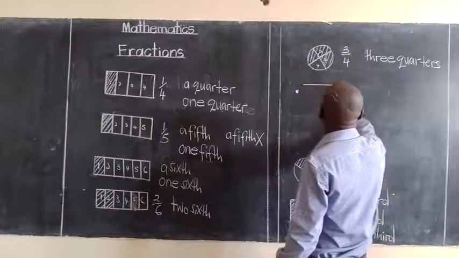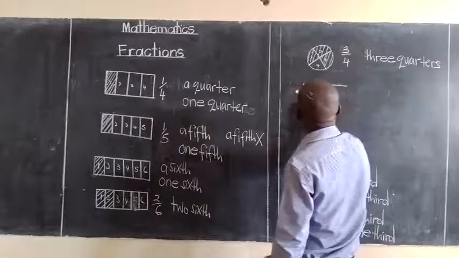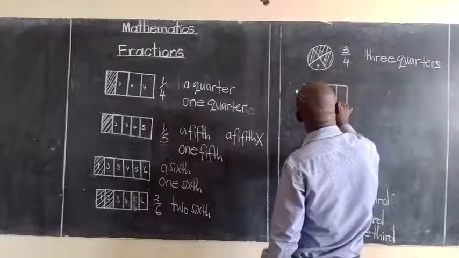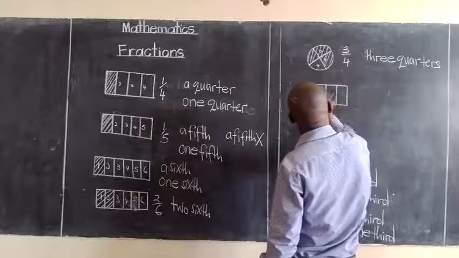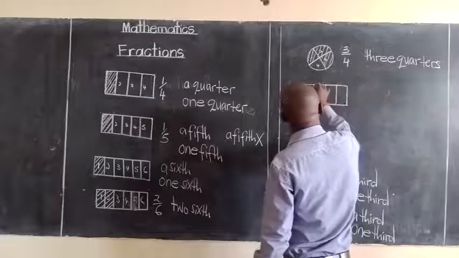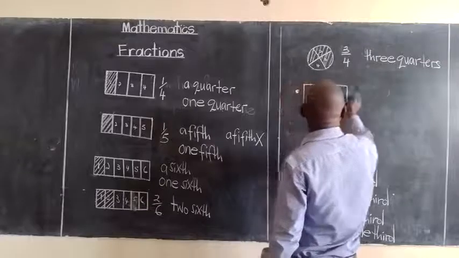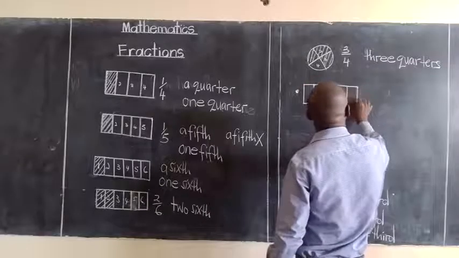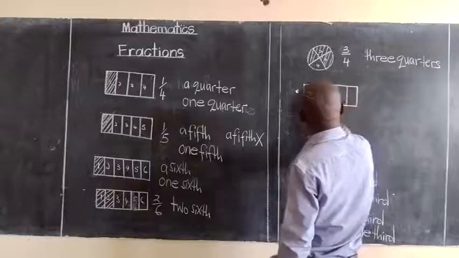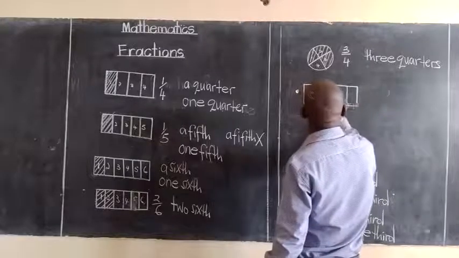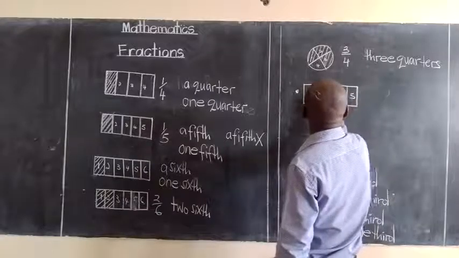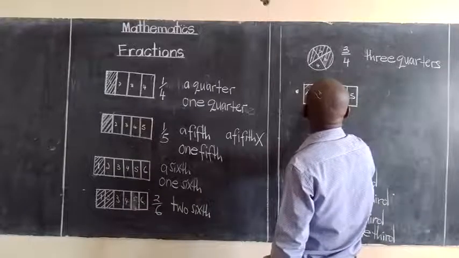Then we are having this. 1, 2, 3. This is 3. Let's add another part. So we have 1, 2, 3, 4, 5. And now we are cutting off these 2 parts.